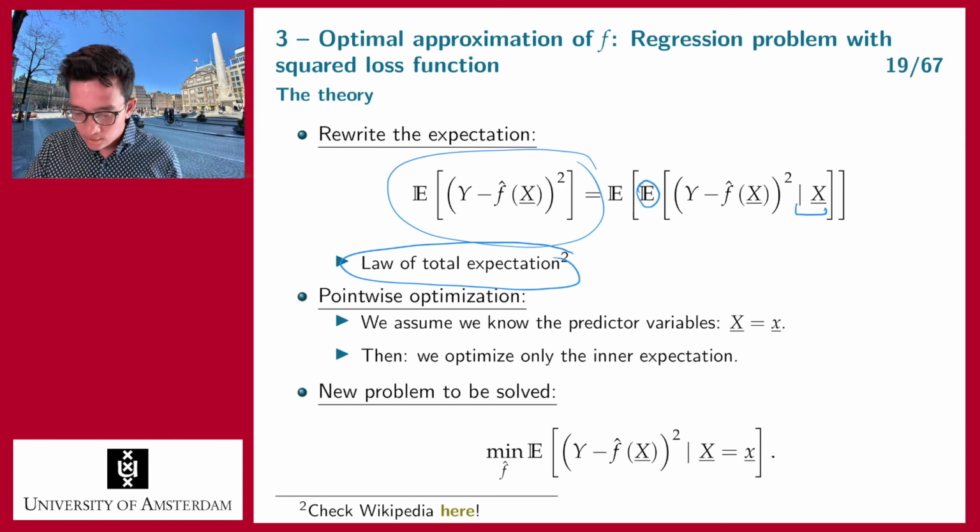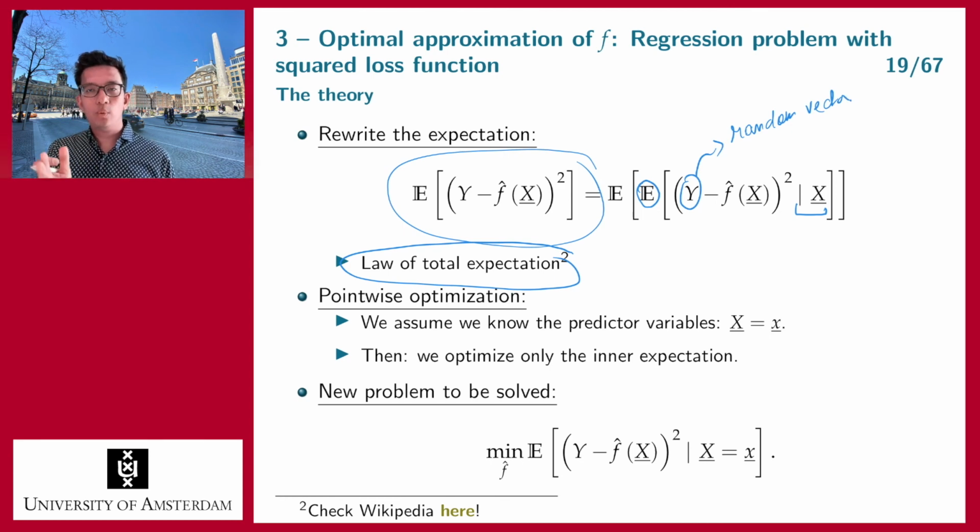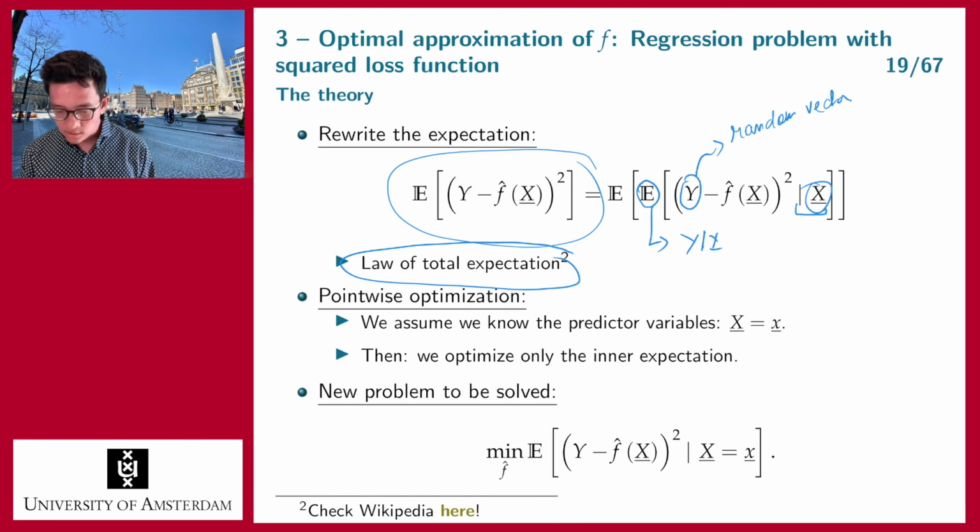It means that in this inner expectation here, the only randomness is Y. Y is the random variable. But in using the randomness of Y, we can use that we already know X. It means that this expectation here is an expectation over the random variable Y given what we know from X, a conditional expectation.